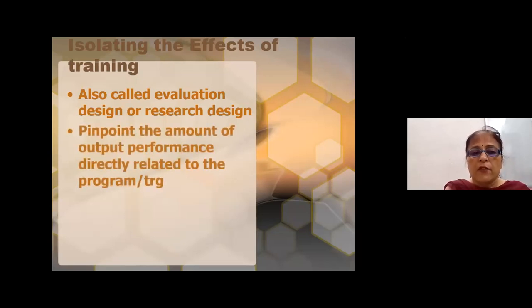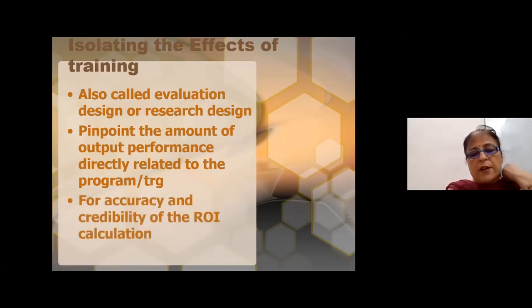Here, we pinpoint the amount of output performance: how much performance has happened, how many people have been trained, and directly as a result of the training program, they are now trained and able to perform well, their output has increased, they are able to produce more. So this is specifically pinpointing that because of the training this has happened.